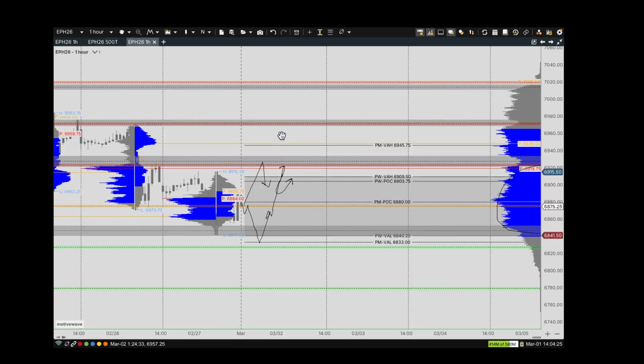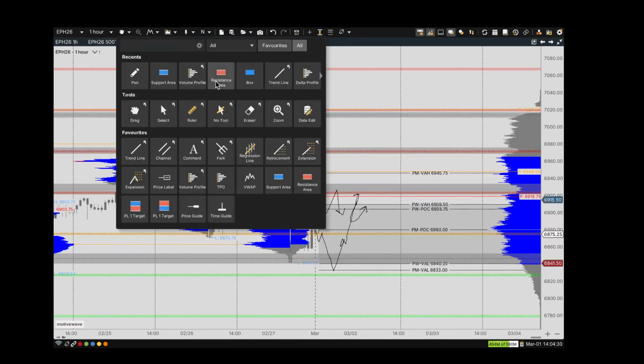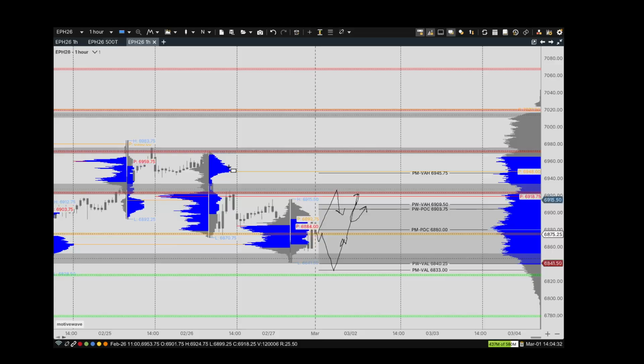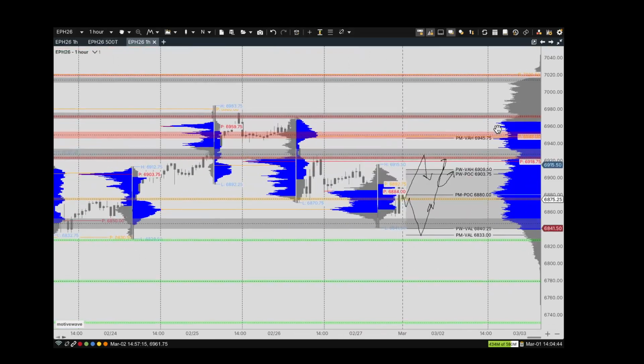Oh yeah, keep in mind, I don't really have the supply zones marked. Let me just mark supply. There we go, there's that supply zone.